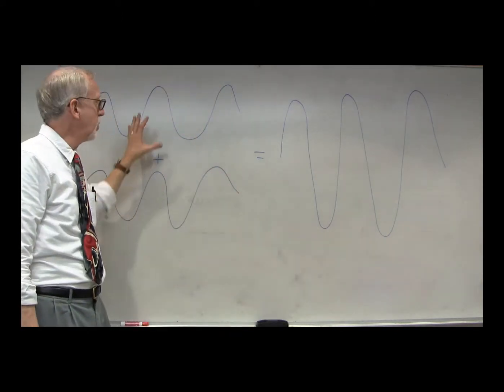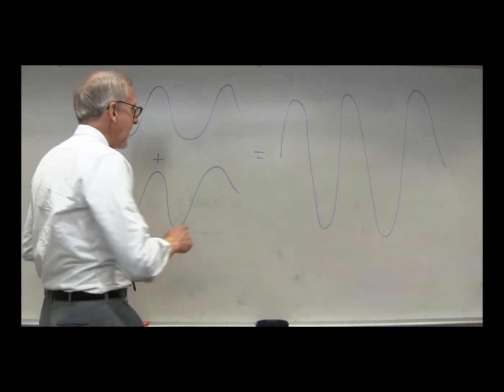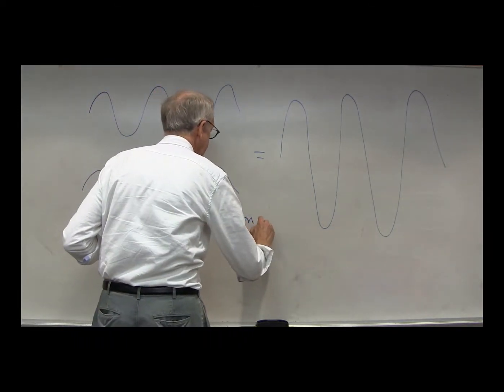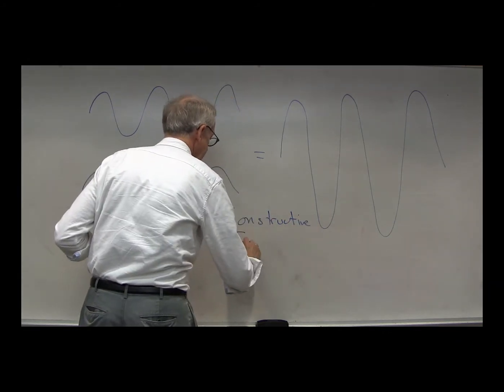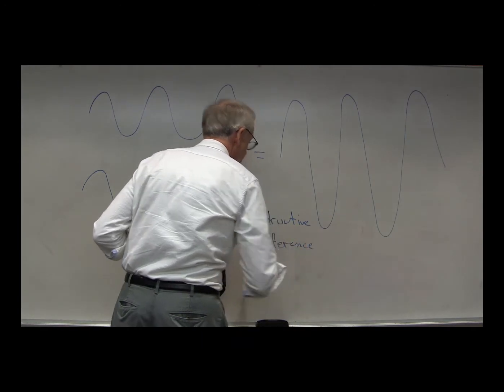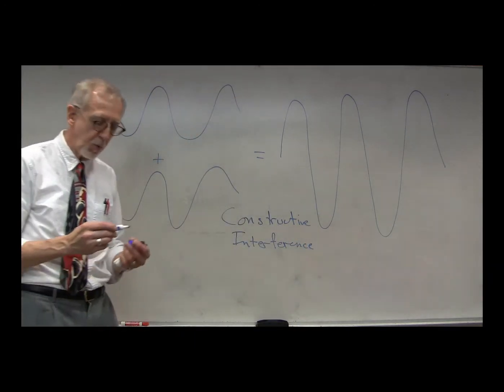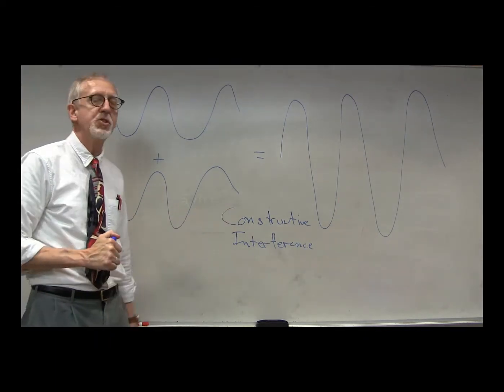When we combine waves that are perfectly in phase like this, we'll refer to this as constructive interference. Constructive interference. In other words, we'll say that these two waves are interfering constructively.